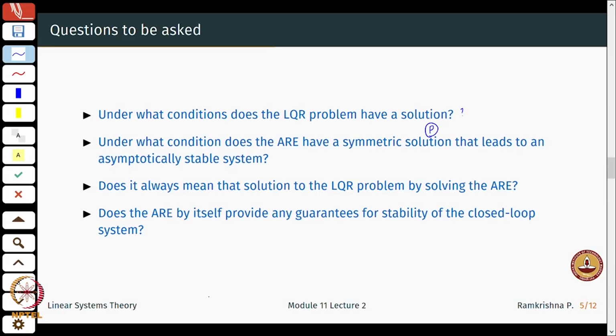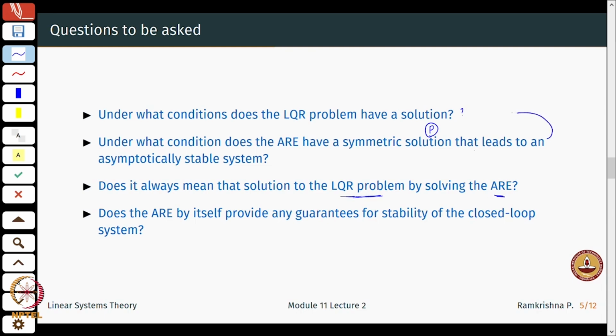Okay. Now, does it also always mean that if I can find a solution to the LQR problem, one can find the solution by only solving for the algebraic Riccati equation?